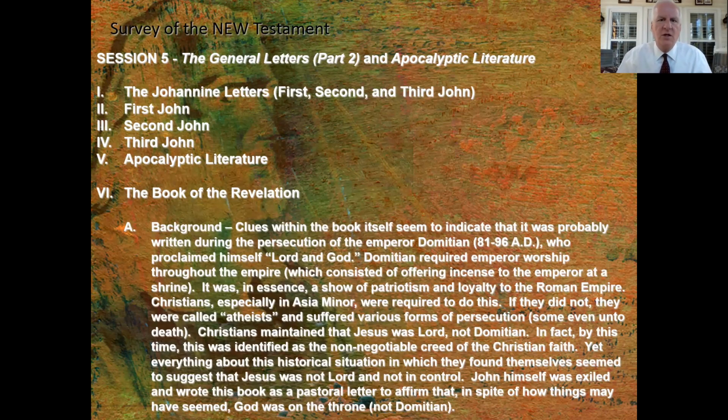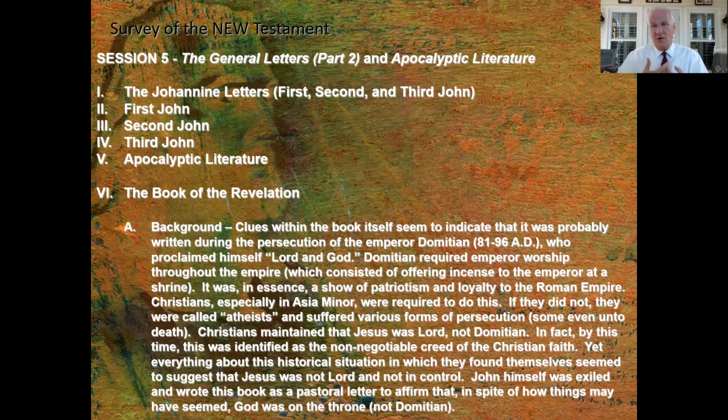Now, as I said, clues within the book of Revelation seem to indicate that it was probably written during the persecution of the Roman Emperor Domitian, 81 to 96 AD, who proclaimed himself to be Lord and God.